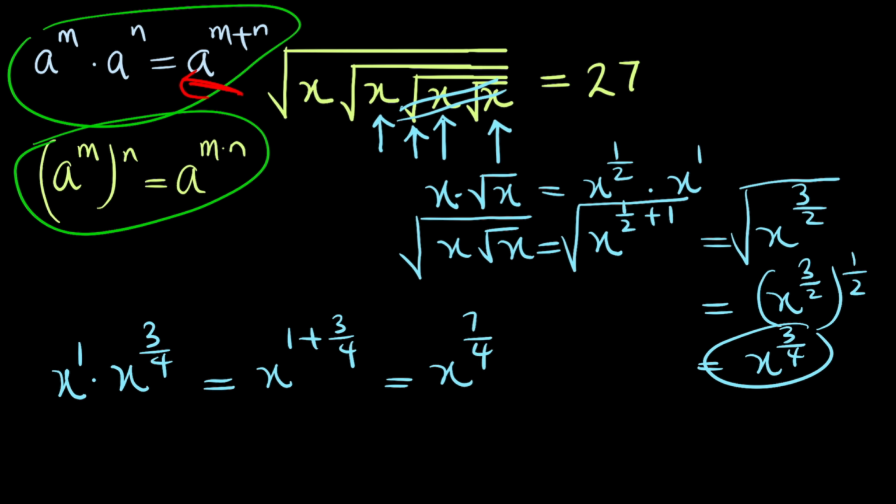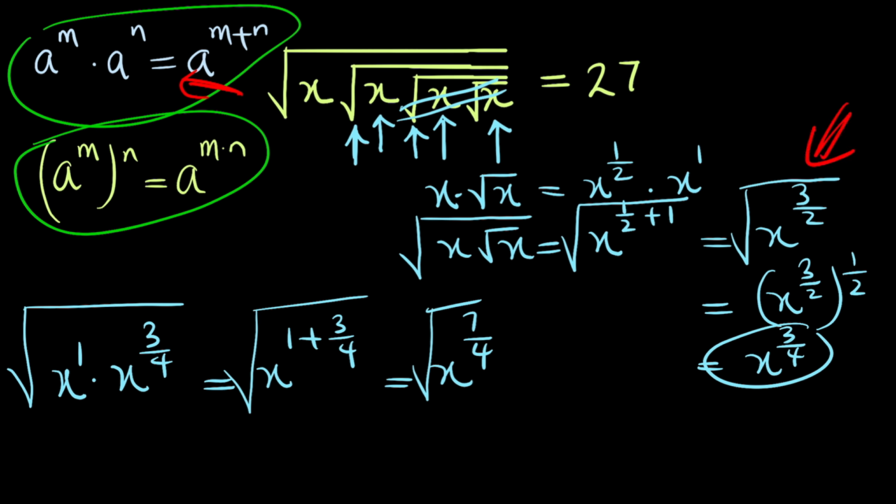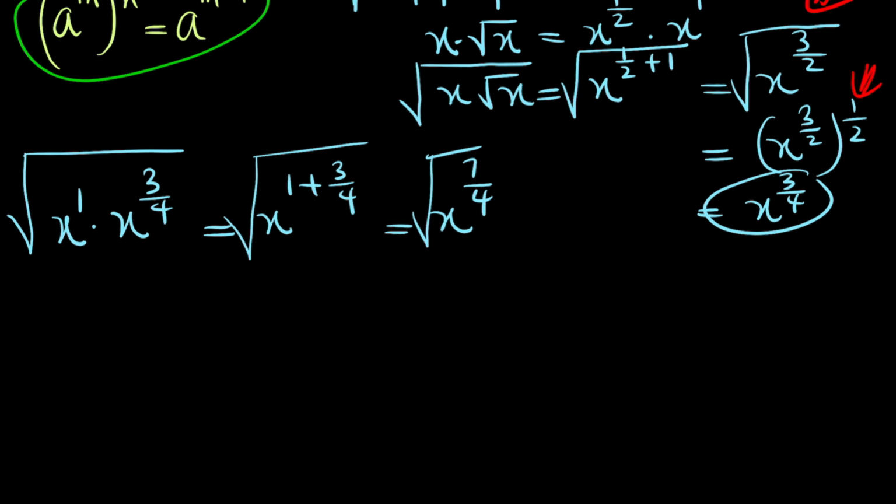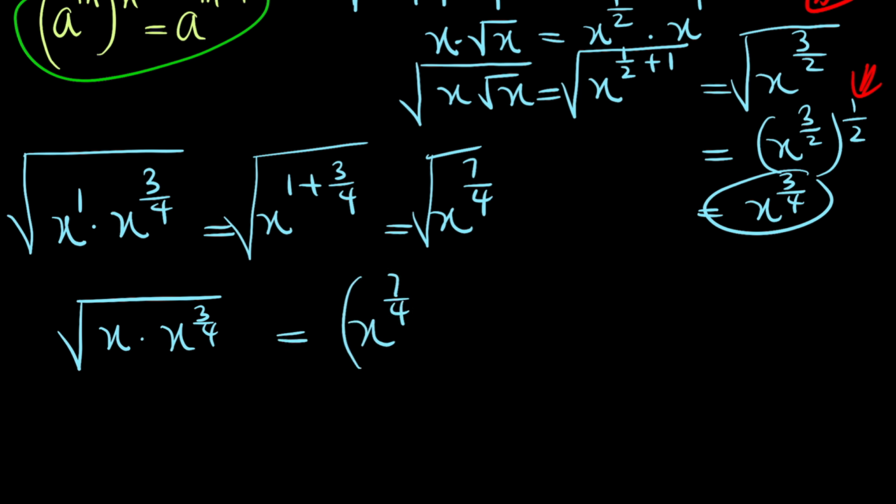Okay, and then we can now move on to the radical over all of that, which is simply putting a square root on this, a square root on this, and then another square root on this, and just like we did with this one here, so this is just like saying raised to power 1 over 2 as well, and then this becomes the square root of x times x raised to power 3 over 4 equals x raised to power 7 over 4, then raised to power 1 over 2.